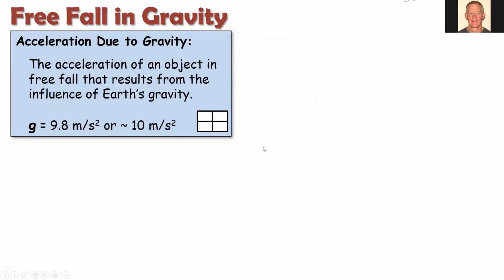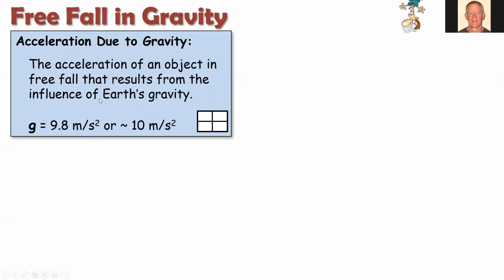So if an object is falling in the presence of gravity, it will accelerate at a constant rate of 9.8 meters per second squared. Remember the units of acceleration that we talked about in the last lesson? It's the rate at which velocity changes.